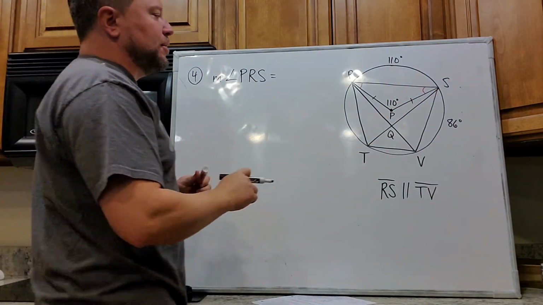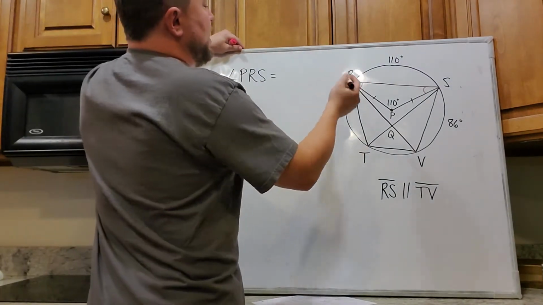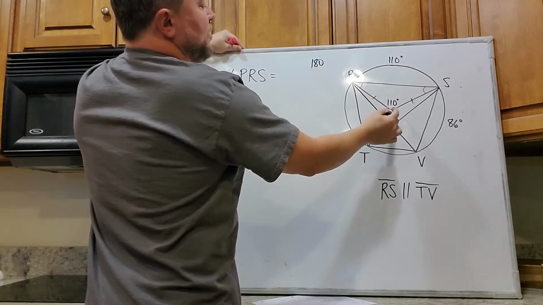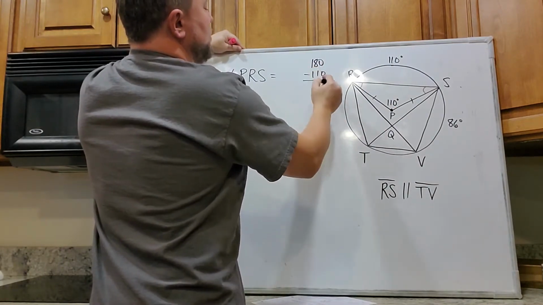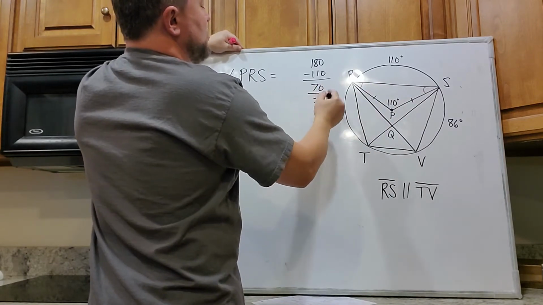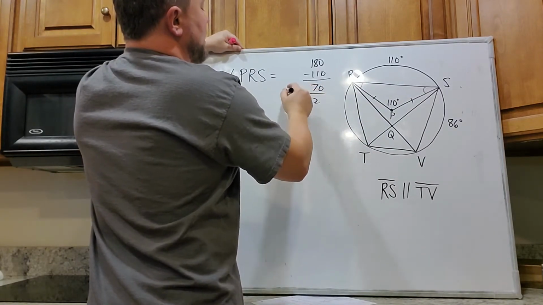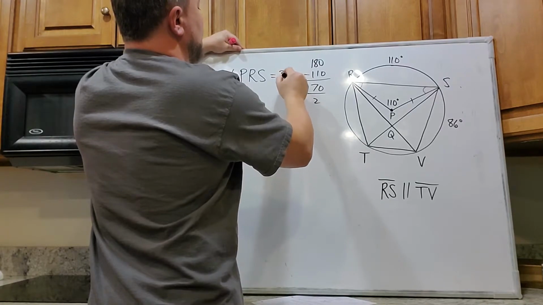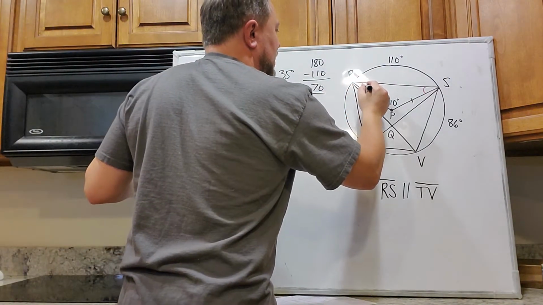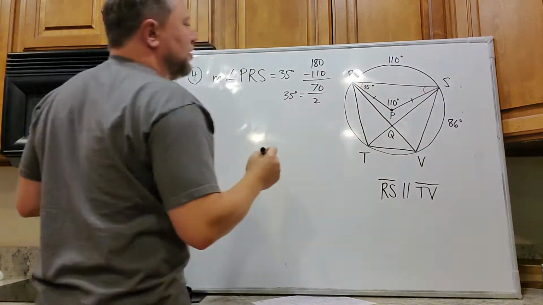They're going to be the same. So now I could just do some simple math here. I could say, okay, a triangle adds up to 180. There's 110 of it, leaving me 70 degrees to split equally between those 2. So when I split that equally, I get 35 degrees for that angle. So that angle in there is 35.